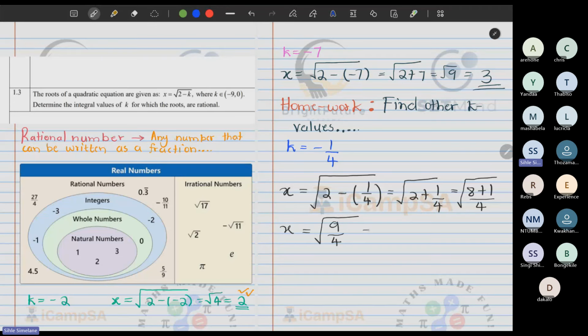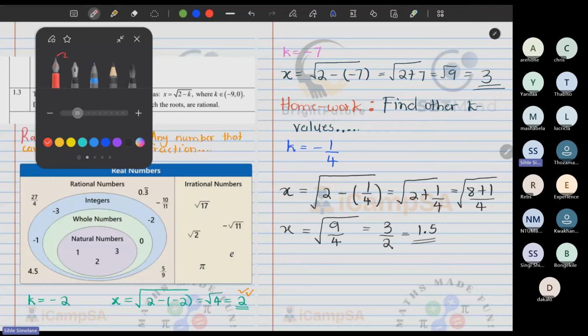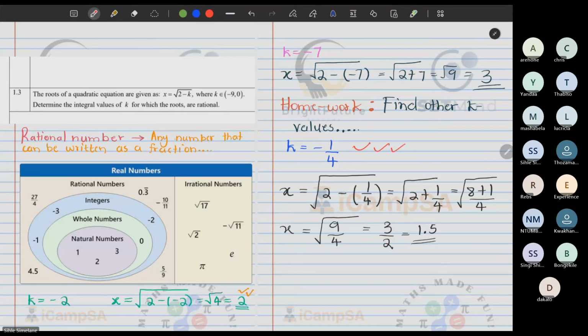And remember, the square root of 9 is 3. The square root of 4 is 2. So this is written as a fraction, and you can write it as 1.5 as a decimal. So k is -1/4 works, guys, doesn't it? So you can go and figure out others. There's a couple of them that you can work around and see what you get.